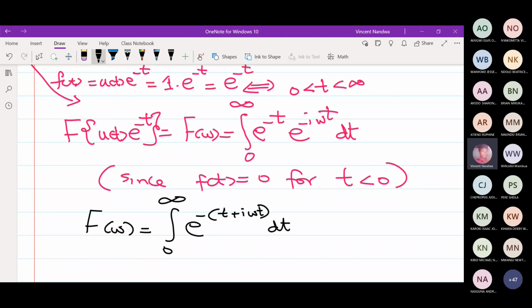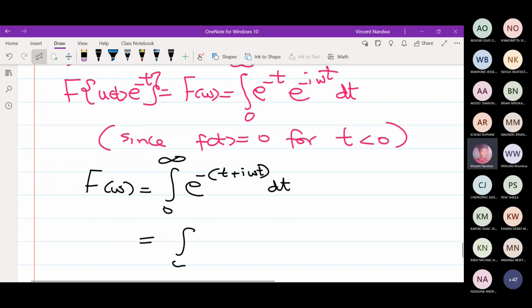Remember, I'm just applying laws of indices, which can be rewritten as the integral from 0 to infinity of e raised power negative (1 plus i omega) t dt. I'm writing that so that I can easily use the substitution method to carry out the integral.